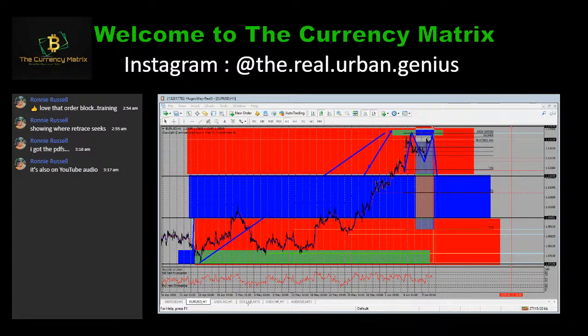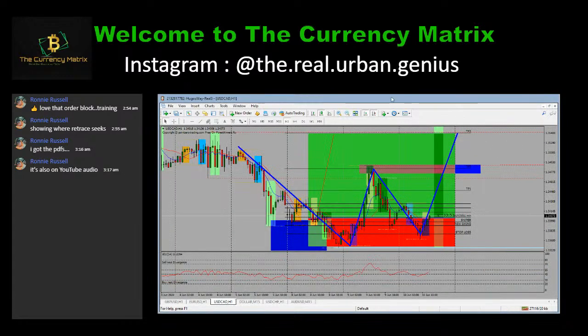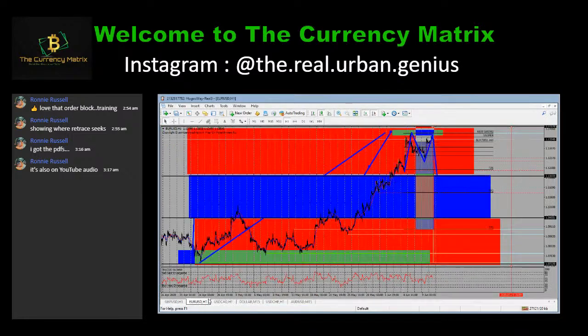On the USD CAD, the bulls are coming in. If you're looking at the entire market, you can pretty much think of it as the dollar bulls are coming in, taking the euro and putting the euro in bear market status.